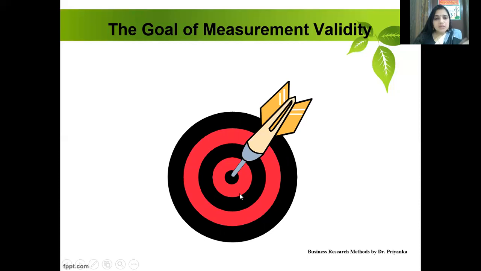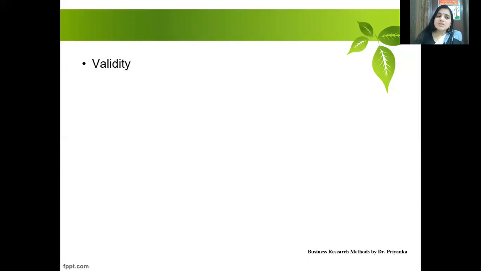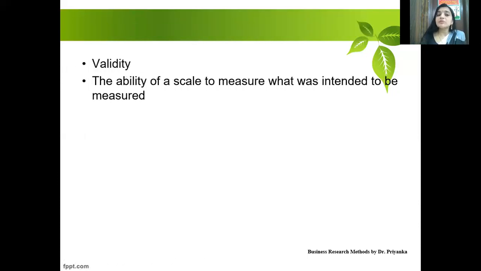Let me explain it with the help of three things. One is validity. Validity is the ability of a scale to measure what was intended to be measured, whether your scale is actually trying to measure what you really wanted to measure, right? For example, you might be willing to check which horse is better than the other horses, right?